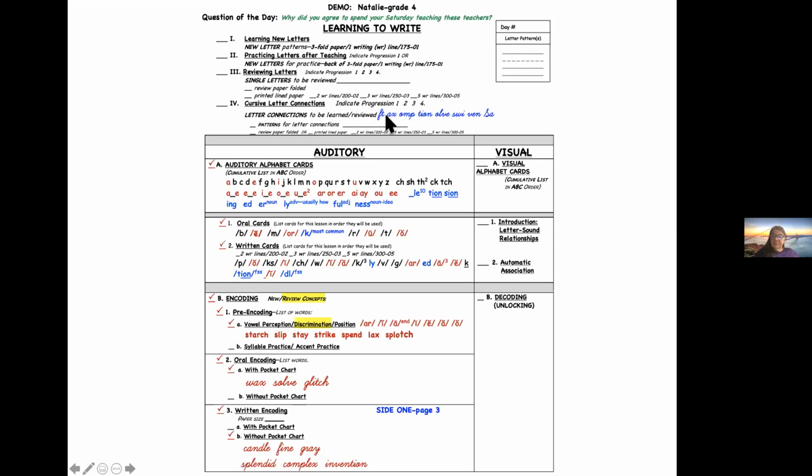Up here, it has nothing to do with sounds. The teacher's saying, write FT, write OMP, write SWI. The child has to remember the sequence of letters, the sequence of movements for forming each of those letters, and how to connect them. They don't have to know anything about the sounds.